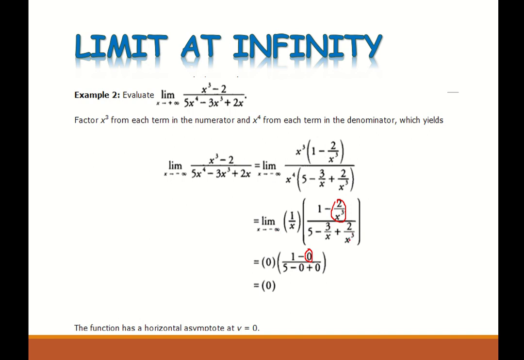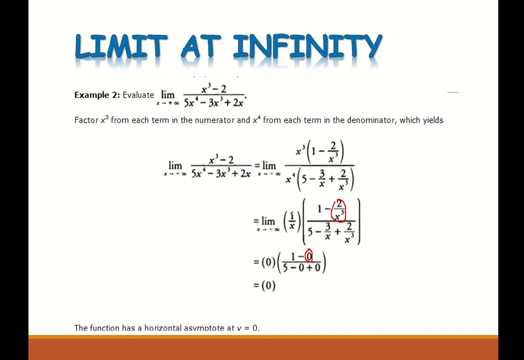Similar to this one, x cubed, negative infinity cubed is still negative infinity, so 2 divided by infinity is also 0. Therefore you have only 1 minus 0 divided by 5 minus 0 plus 0.